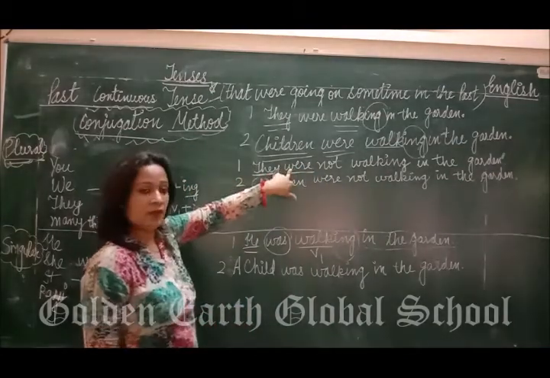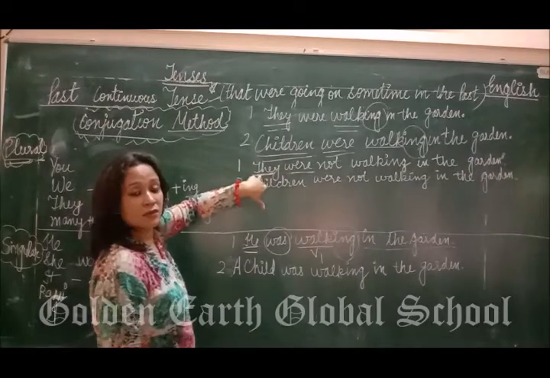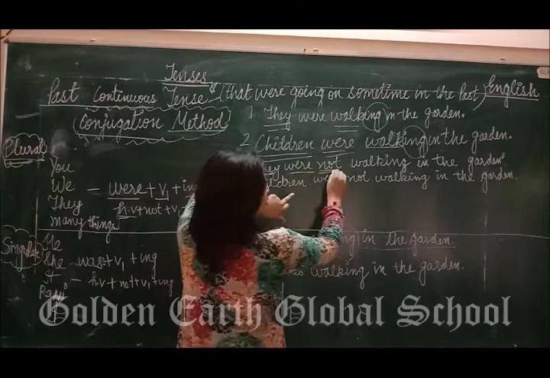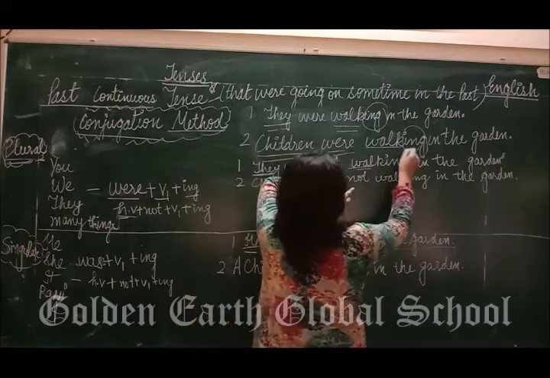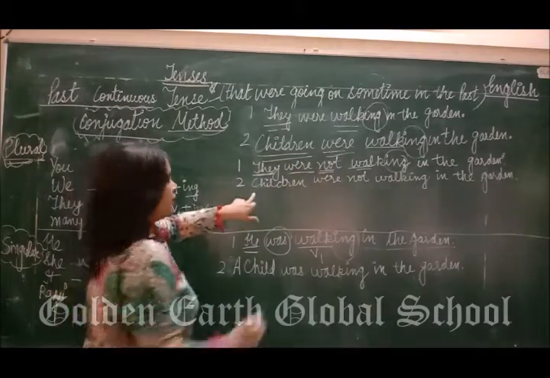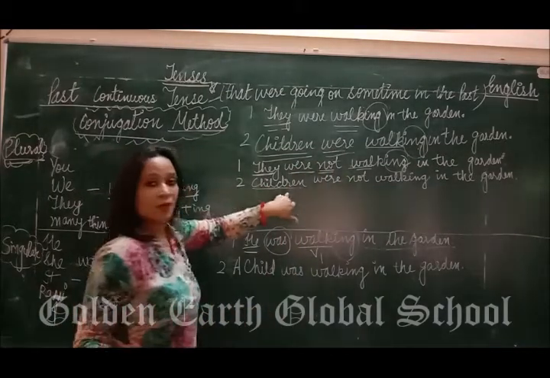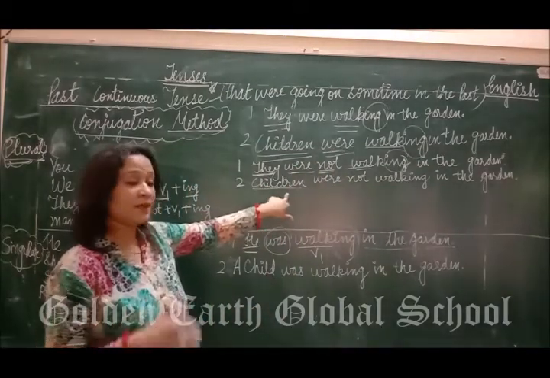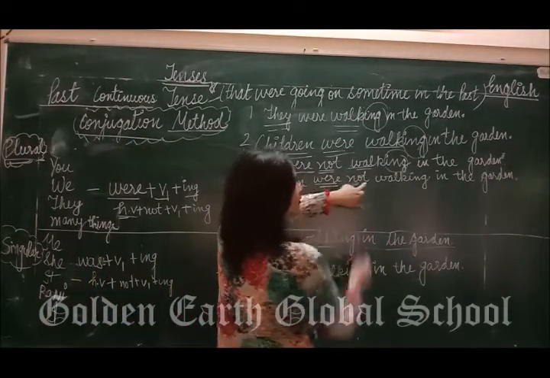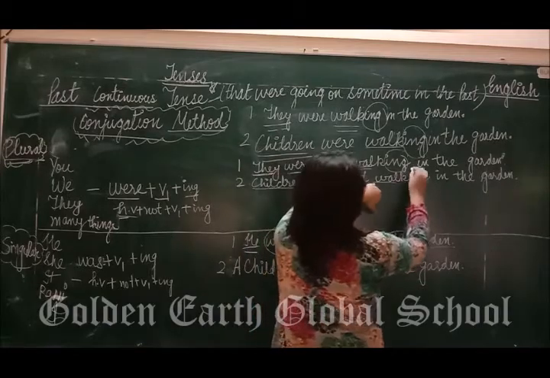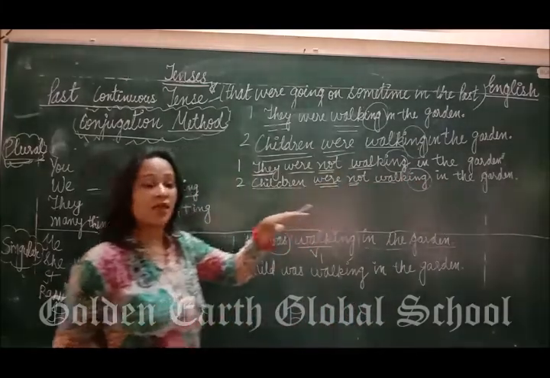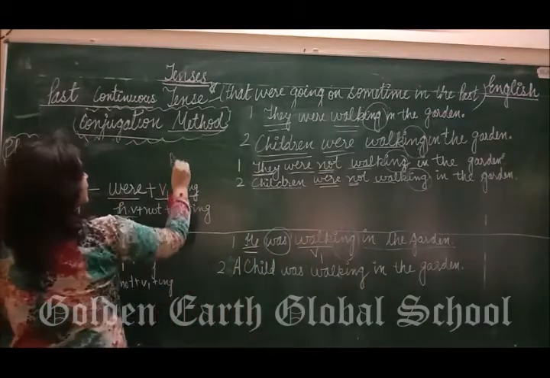Here we have used were because we are talking about more than one person. Then we have used not, then first form of the verb plus ing, in the garden. This is the negative sentence. Here again we are talking about children. Children are many. We have used were here, then not, then walk plus ing in the garden. Children were not walking in the garden. This is a negative sentence.